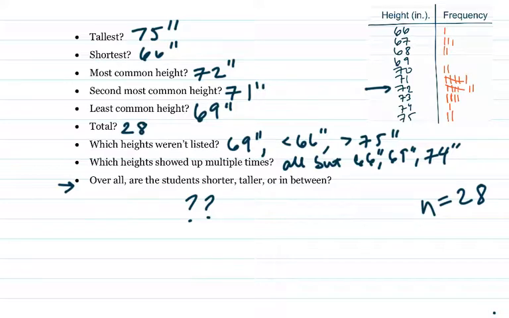If you were comparing these gentlemen's heights to kindergartners, yeah, they're tall. But if you're comparing them to a professional NBA basketball team's heights, these might not seem very tall. So please keep that in mind when you're answering questions with respect to data.